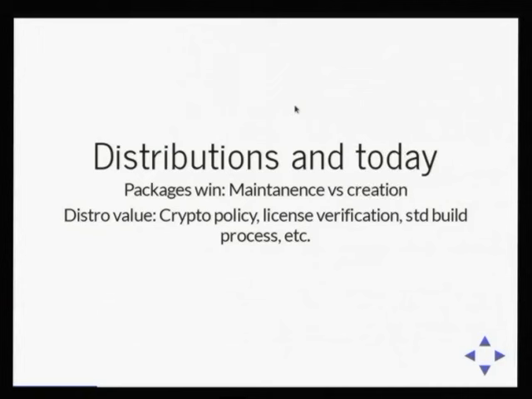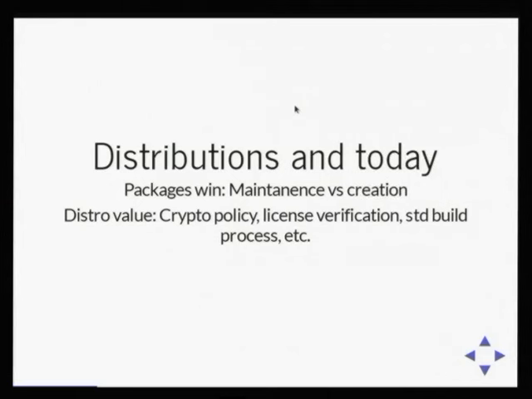And beyond just the common maintenance, there's a lot of interesting things that have happened in the distribution model. One of the things I think is a good example is in Fedora, there is a drive to have a crypto policy, which was a standard configuration model for the different crypto libraries. So you could, for example, say that I don't want to speak TLS 1.0.